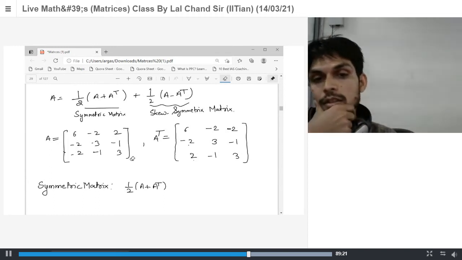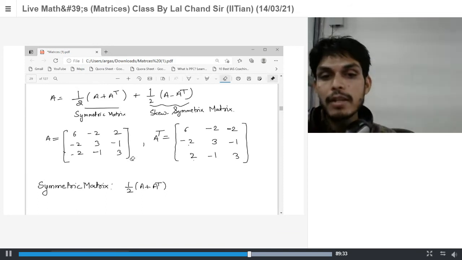If I take the transpose of this particular row, I have 6, minus 2 and plus 2 here. So what will be the transpose of it? There is no negative sign here. So this will be minus 2, 3, minus 1. Okay, so minus 2, minus 1, 3. This is equal.